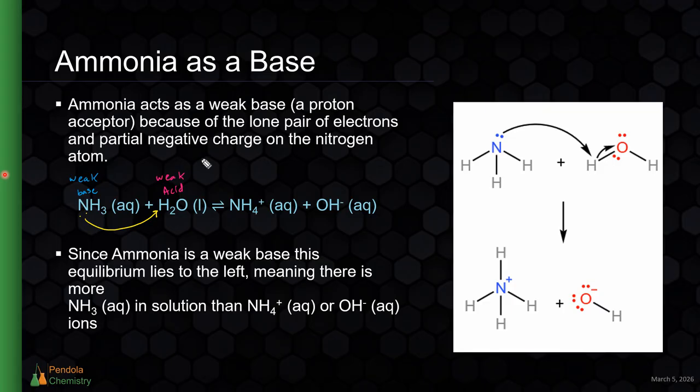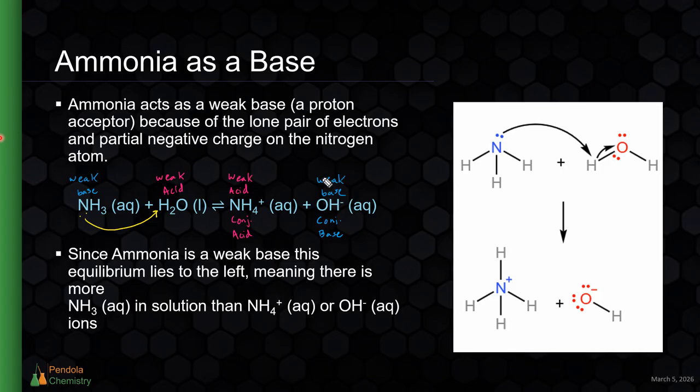And so it creates the conjugate acid of ammonia, that acid being a weak acid because it's the conjugate of a weak base. And then water, losing a hydrogen, creates hydroxide ions. Hydroxide ions are the conjugate base of water, making them a weak base.